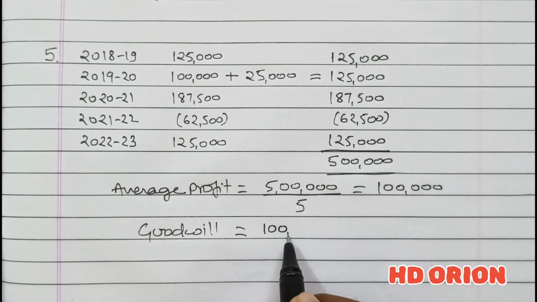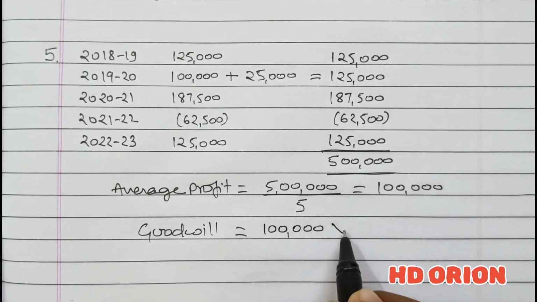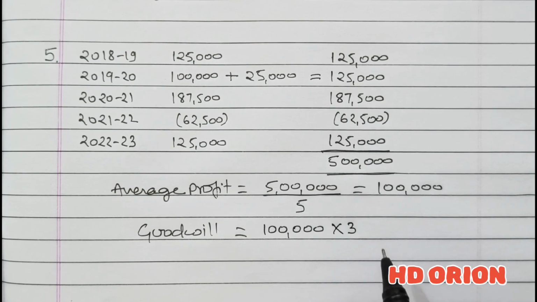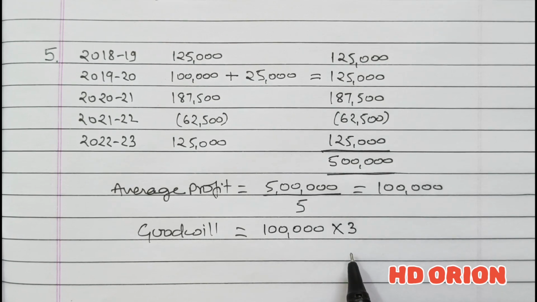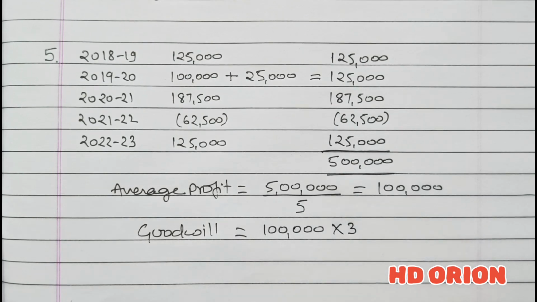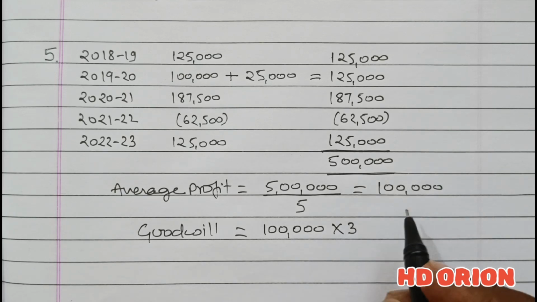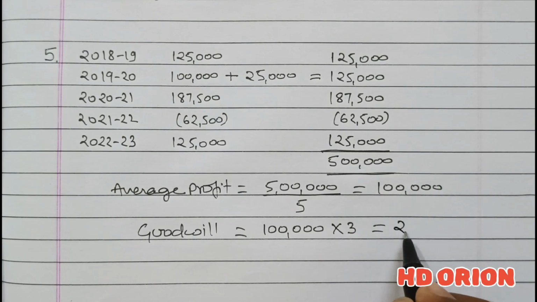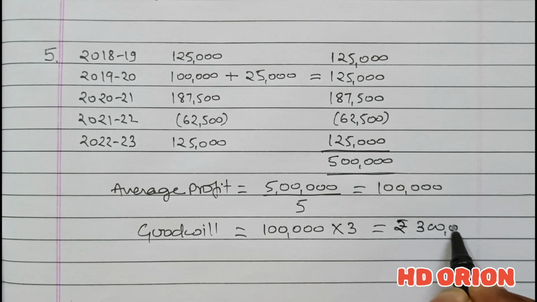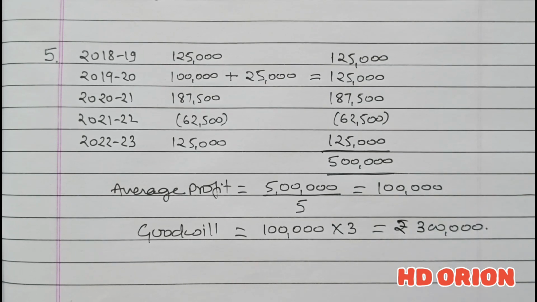Based on that, goodwill is calculated, average profit multiplied by 3 years, and this 3 is 3 years purchase. That is the meaning of 3 years purchase, that the same expected profit is expected in that many future years, and goodwill is now rupees 3 lakh. That's the answer.